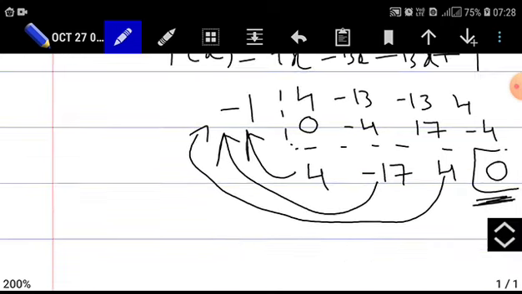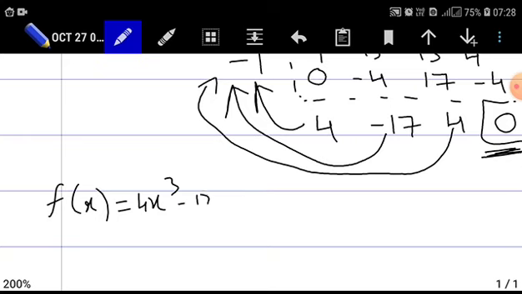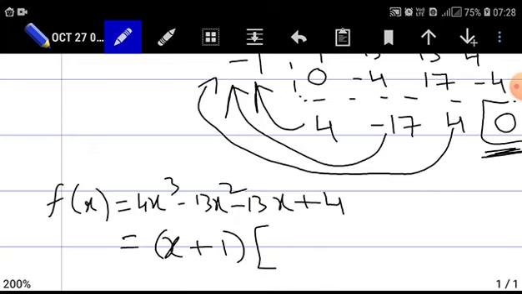So now we can split the given f of x, 4x cube minus 13x square minus 13x plus 4, as x plus 1, because x plus 1 is one of the factors, into whatever values we got here: 4, minus 17 and plus 4.